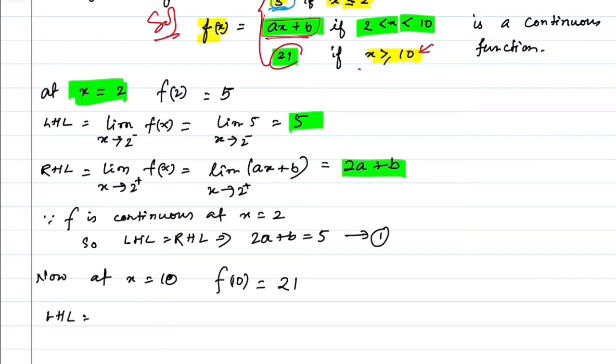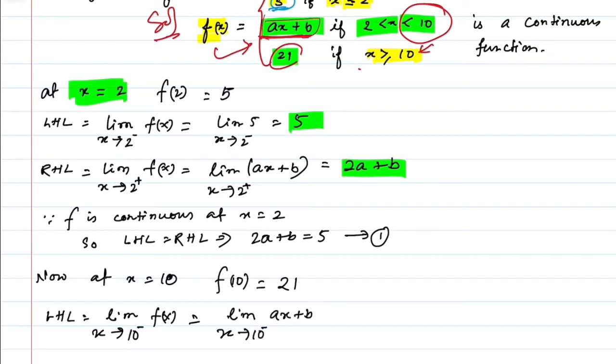Again, limit x tends to 10 negative, for x less than 10, f of x is ax plus b. So we are going to use this expression, limit x tends to 10 negative ax plus b. Replace the x by 10, then we will get 10a plus b. Let me scroll down.